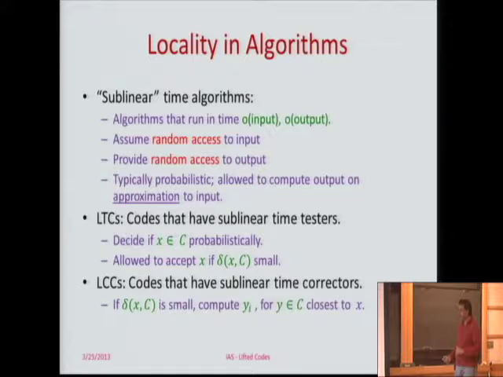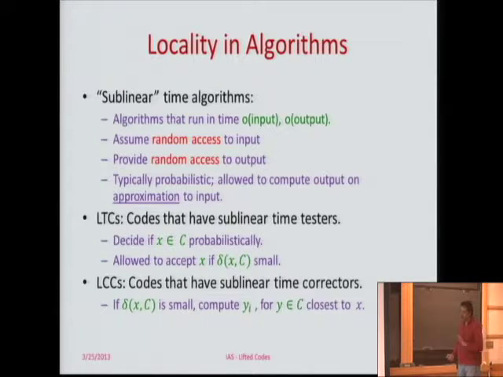Similarly, locally correctable codes, this is the concept I will be talking about today. For those of you who have heard the phrase locally decodable codes, this is a slightly stronger concept, but this is all I will be talking about today, and many times I will confuse results about locally decodable codes and correctable codes. But if I can give you good correctable codes, then there are good locally decodable codes associated with it, not the other way around.